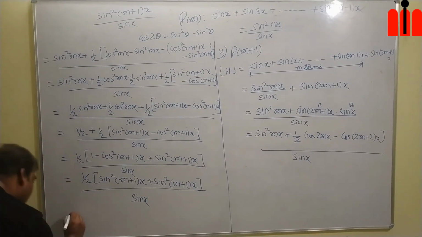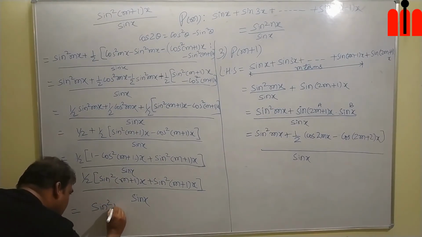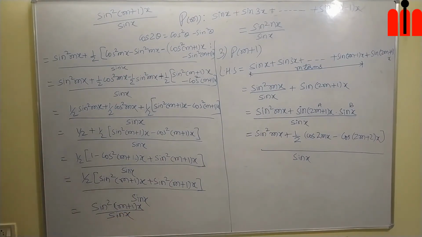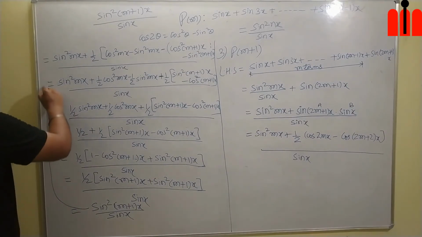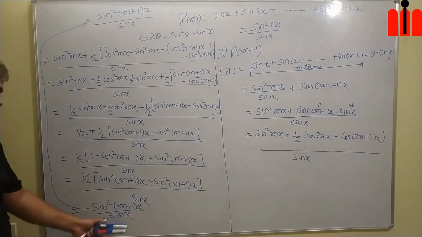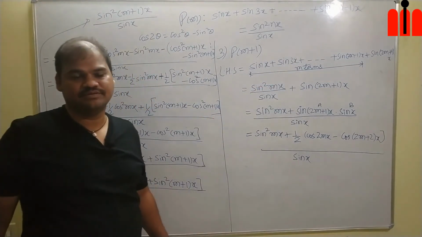So once the 2 gets cancelled, you will get RHS as sin square m plus 1x by sin x. Okay, so this is what we had anticipated, that our RHS will be sin square m plus 1x by sin x by taking this LHS.